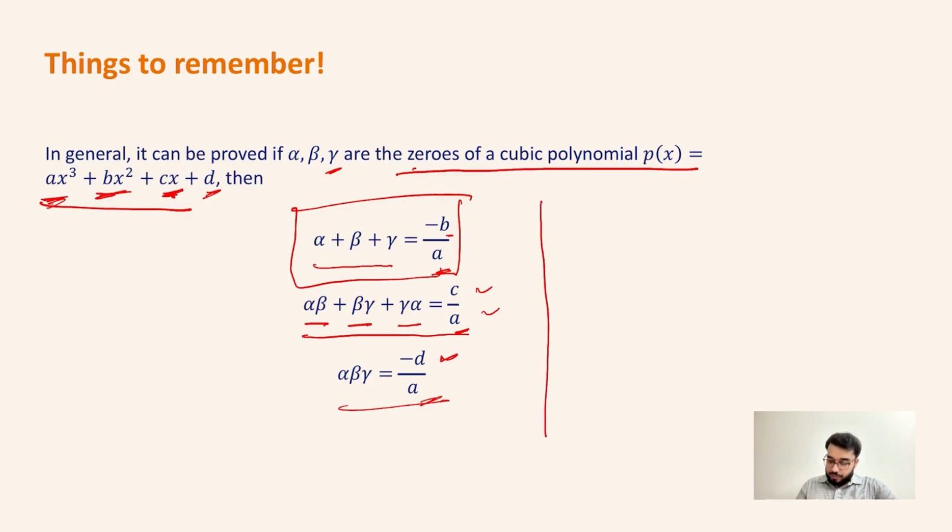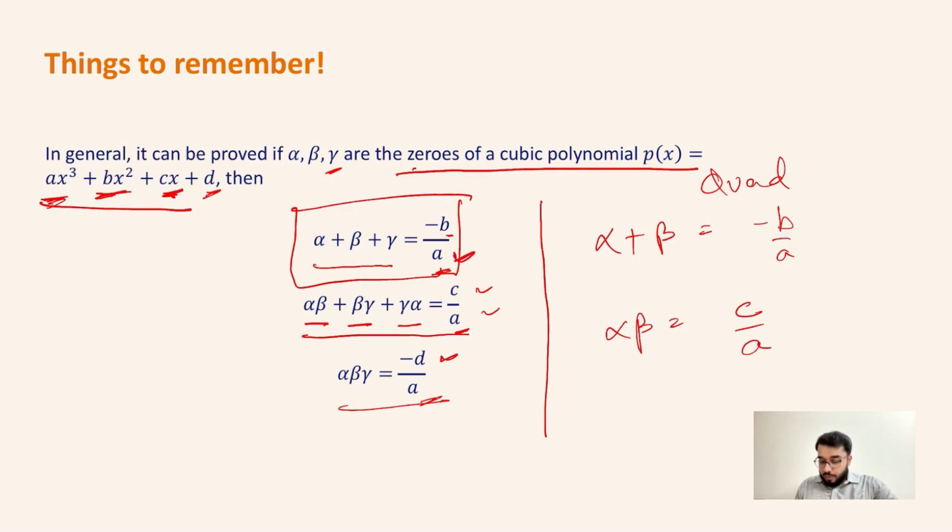Now just for comparison, I will write here about the quadratic so that you can compare. For quadratic, alpha plus beta was minus b upon a, and the product was c upon a. Remember, in the denominator it will always be a. For the product, it would be the constant term.